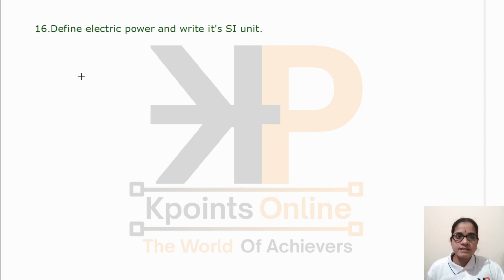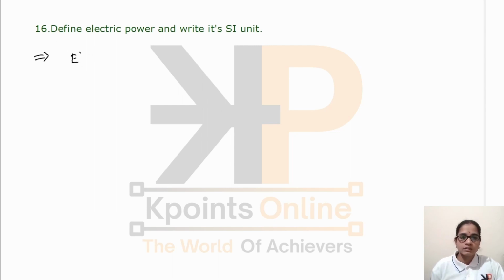The next question is define electric power and write its SI unit. We know that electric power is the rate of consumption of electrical energy, or it is also defined as the rate at which electrical energy is dissipated or consumed in an electrical circuit.